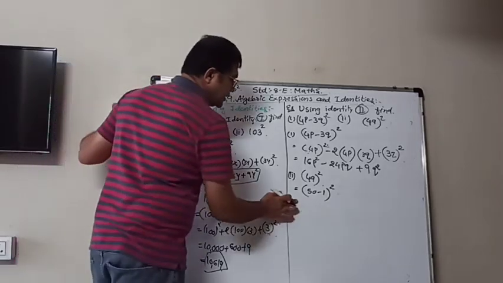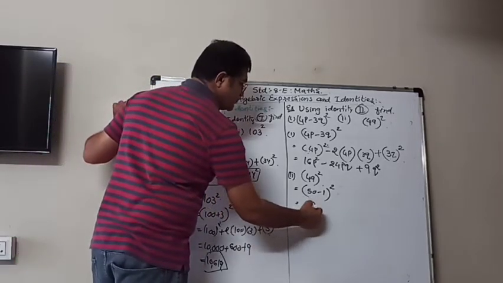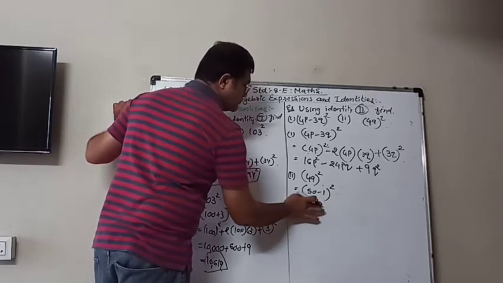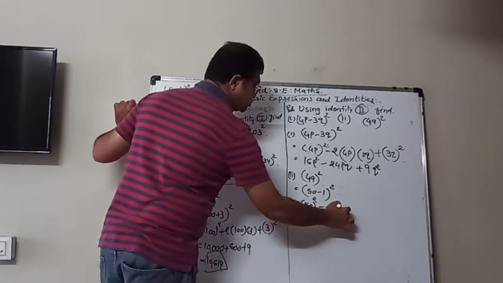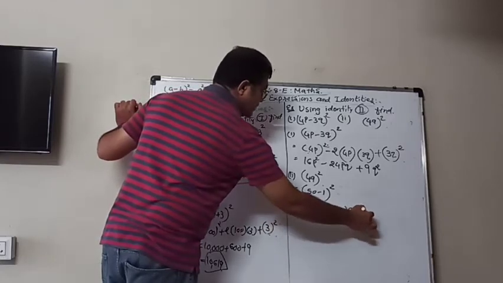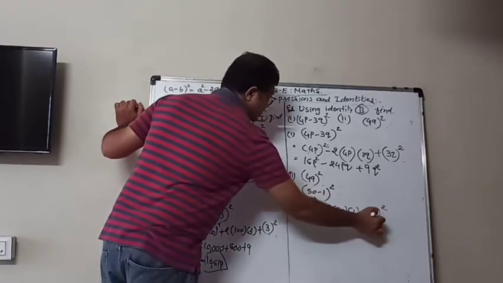So that is a square, means 50 square, minus 2ab, means 2 into 50 into 1, plus b square, that is 1 square.